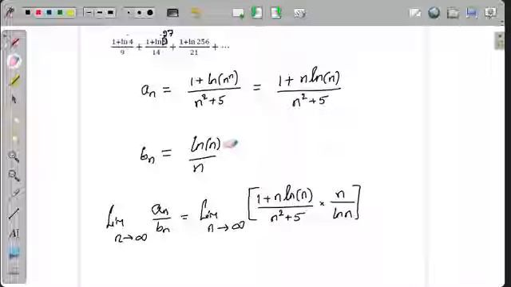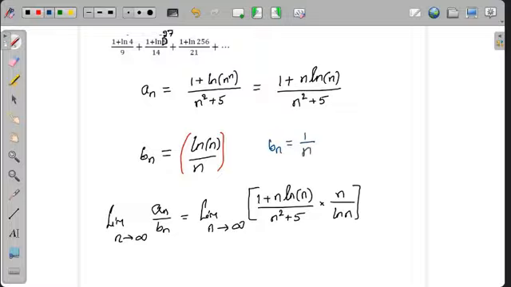So instead of taking ln of n, I want to change my bn. I'd like to update bn to be 1 by n. In that case, in the denominator, I simply have 1. That's it.